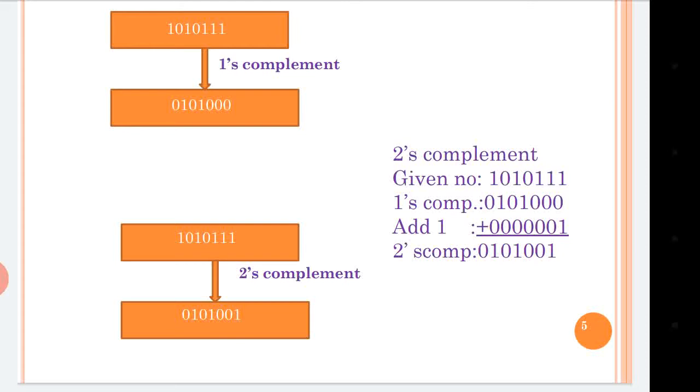So in this question, the first rightmost bit is 1. So we will write down that one as it is, and then all the remaining bits we have to invert. Observe here, from right towards the left, the answer is the first one as it is, then 001010. So this is how we can calculate by using the shortcut method.